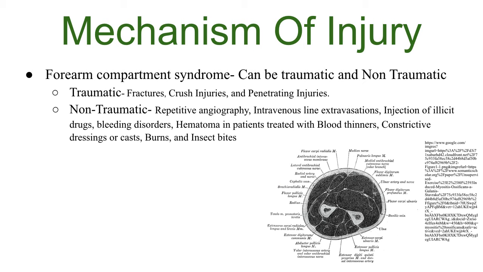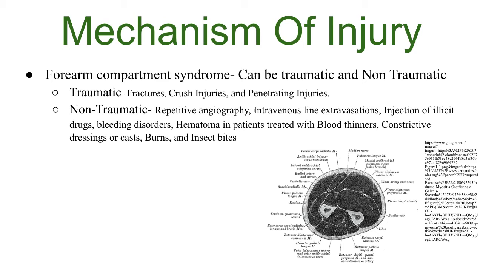Mechanism of injury. As I said before, it is very traumatic. I know there's a lot of non-traumatic that I listed, but it is very rare to see non-traumatic in an athlete.